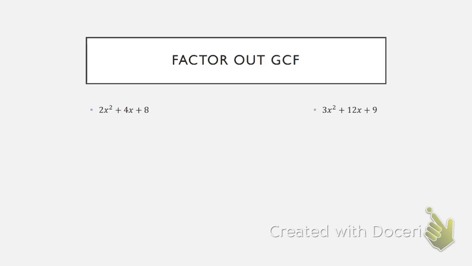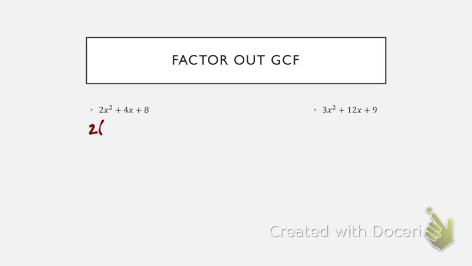If you look at the problem on the left, I have three terms: 2x squared, 4x, and 8. I need to take out what those three terms have in common. Can I divide them all by 2? By 3? By 4? I can divide all three of these by 2.